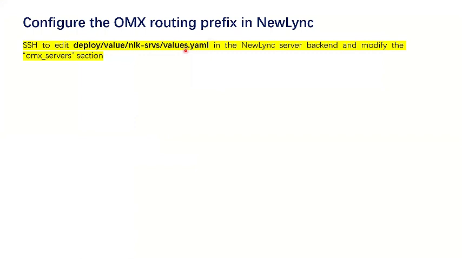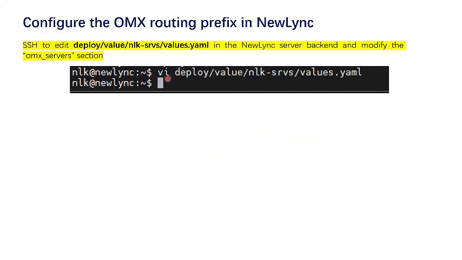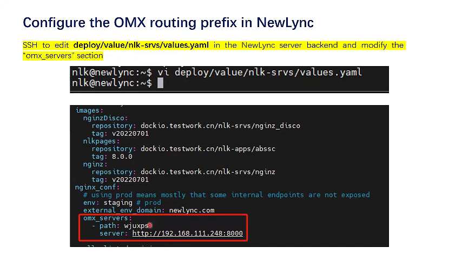So how to configure the OMX routing prefix in Newlync? Again, you need to go to SSH to edit this command. Once you have that in the back end, you can modify the OMX server section. Input this command, and you need to edit these two items here, the OMX server path and the server IP.